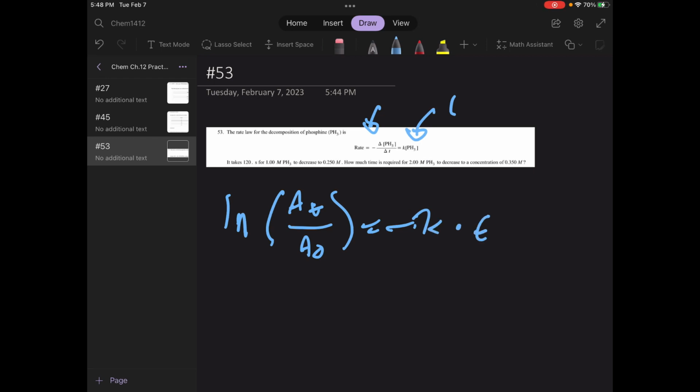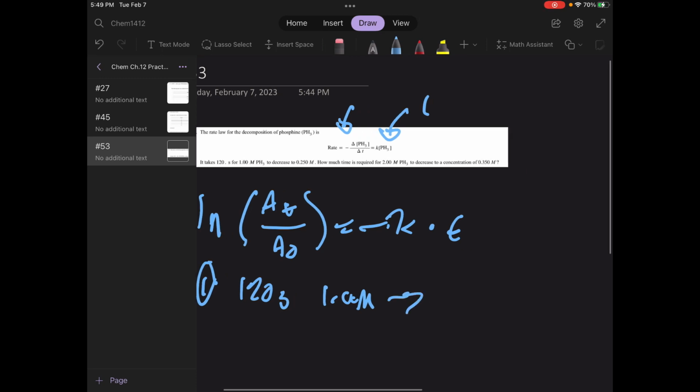So the first step is to write what we know. We know that it takes 120 seconds for 1.00 M to go to 0.250 M.